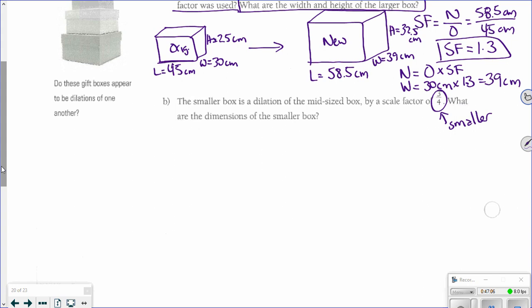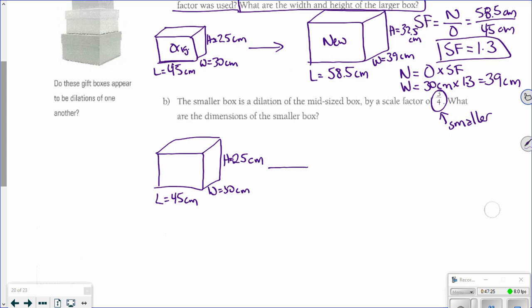So it's based on our mid-sized one. So we know our medium-sized box, the length was 45 centimeters, the width was 30 centimeters, and the height was 25 centimeters. We're going to make a new box, but we're going to times it by our scale factor of 3/4 to make a box that's smaller.